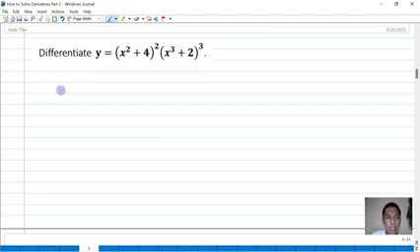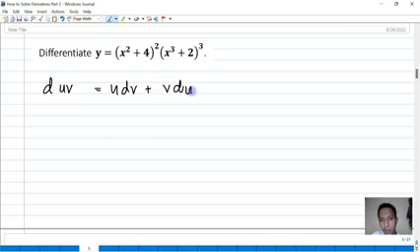So yung product rule natin, if you have two functions or two expressions na nakamultiply to each other, let's say the derivative of u v is just equal to: copy the first function, differentiate the second function, dv, plus copy the second function, v, and differentiate the first function, u.